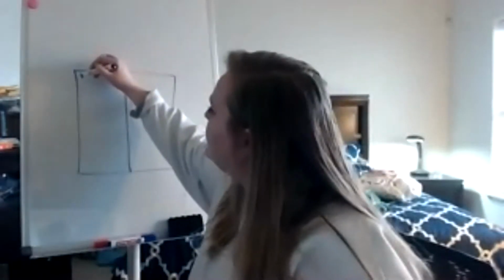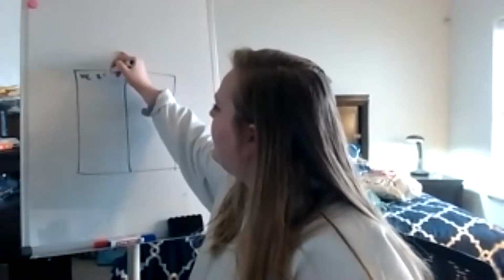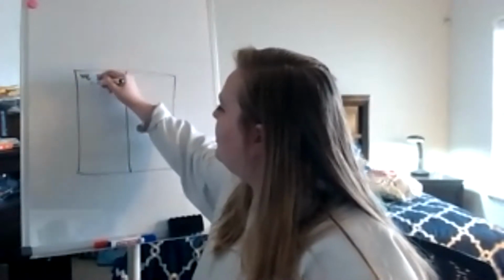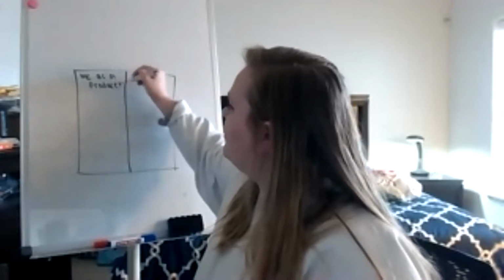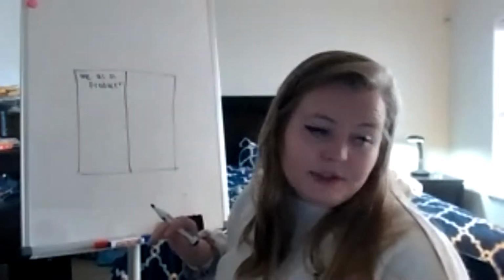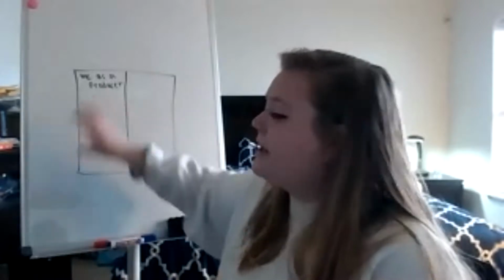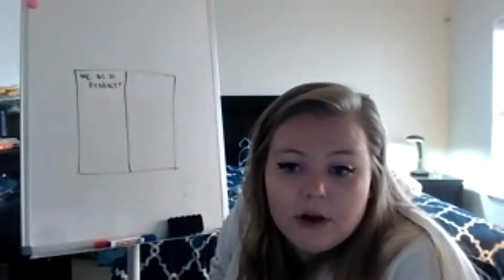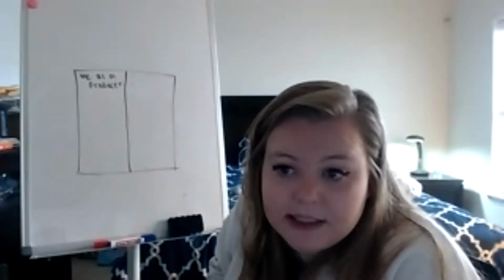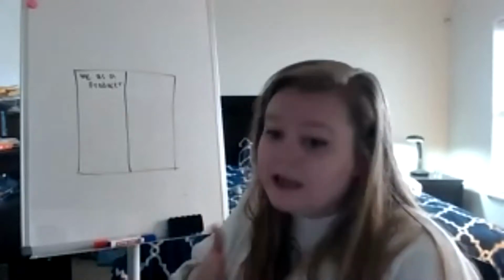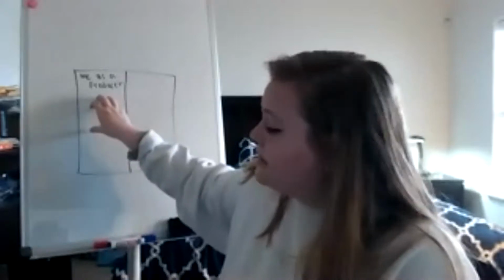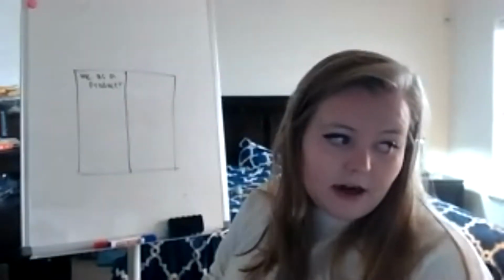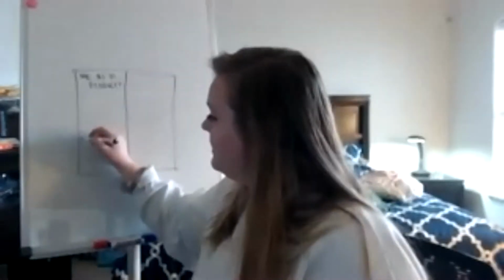And on one side, it says, me as a producer. You're going to draw a picture of yourself being a producer. Think about a way that you are a producer and draw a picture of you doing that thing here. Then underneath, you're going to fill in this sentence.